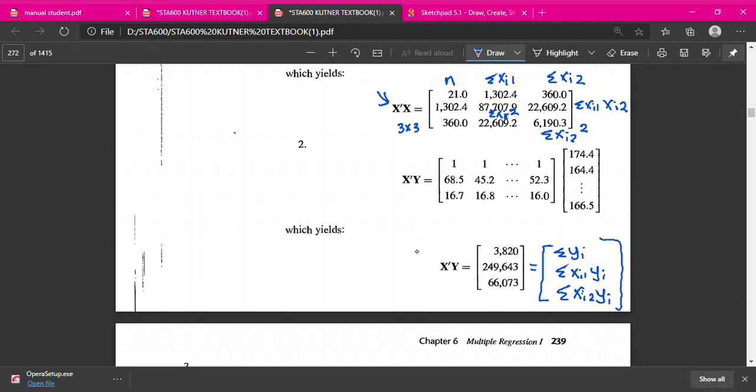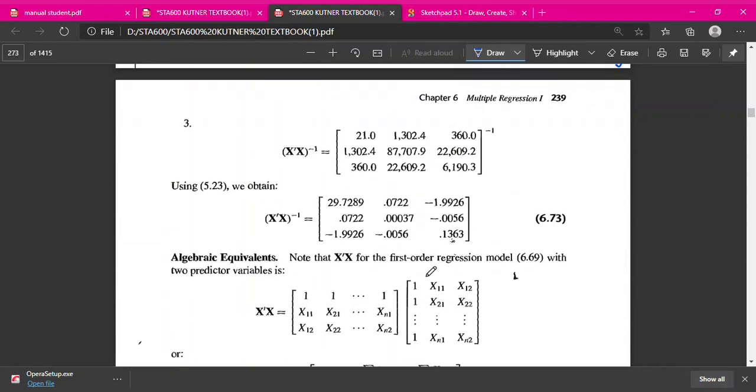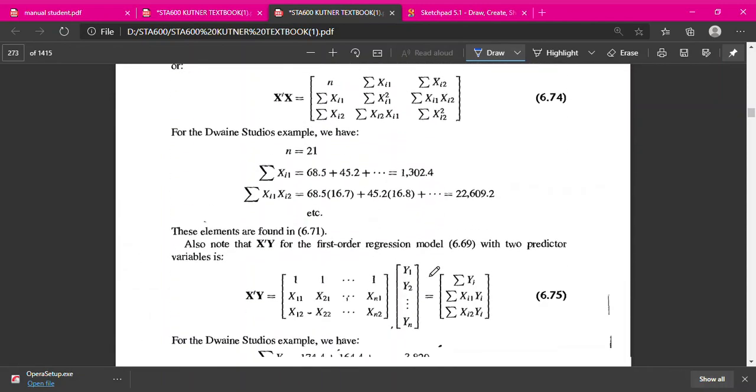So the value here is summation of yi, here summation of x1 multiply y, here summation of x2 multiply y. So you will get the matrix of x transpose y, which is a 3 by 1 matrix. Okay, so once we have these two matrices, we can apply, we can get the matrix of beta.